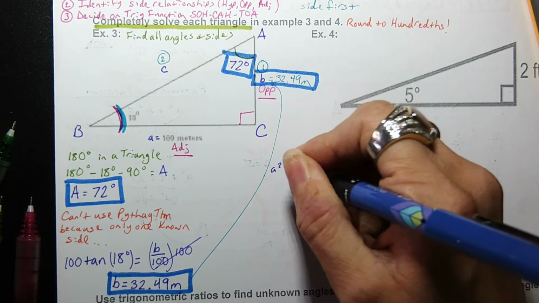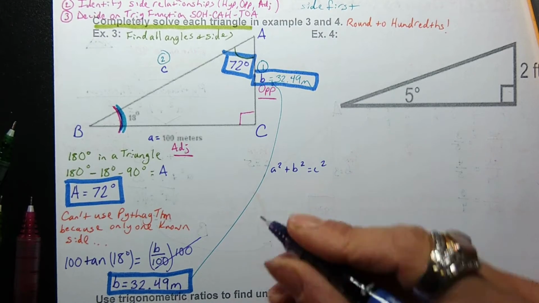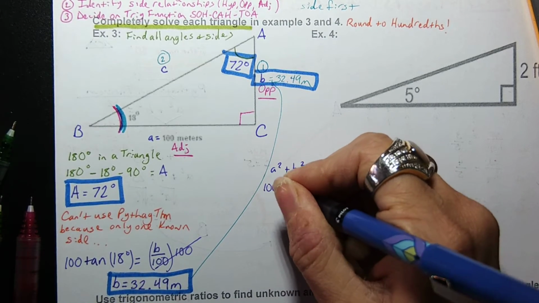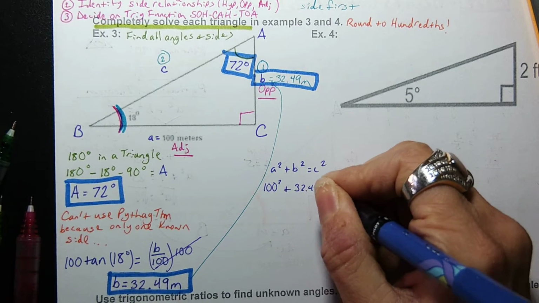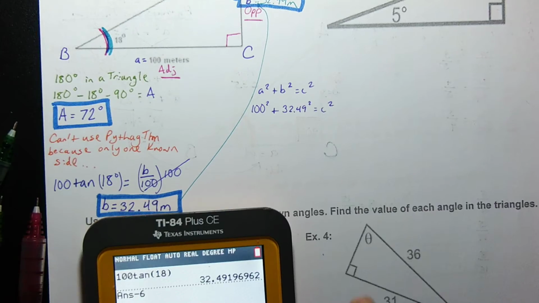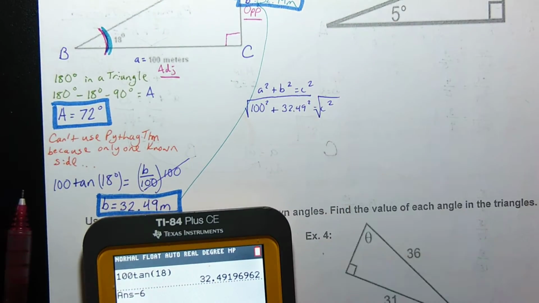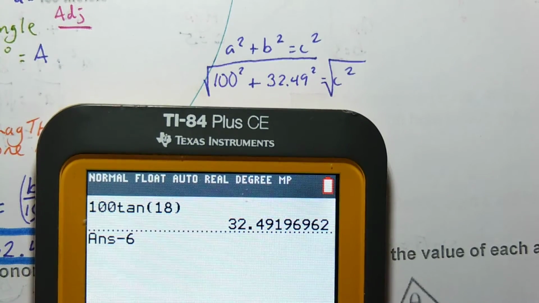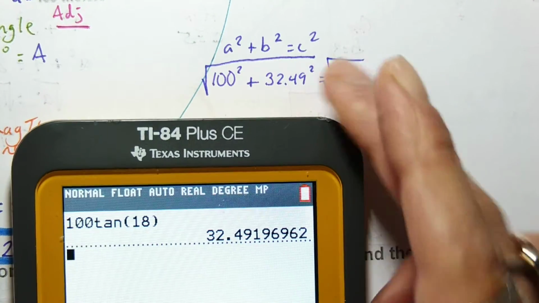So a squared plus b squared equals c squared. So a is 100 squared, plus b is 32.49 squared equals c squared. And folks, if I were you, I would put that whole thing in on your calculator. You don't want to do any intermediate rounding between steps, so I would either show it like this or use your stored answer on your calculator.